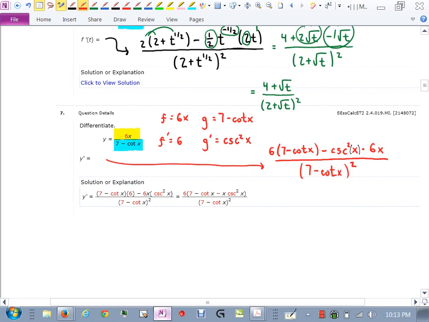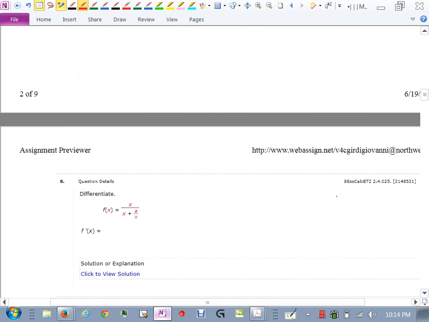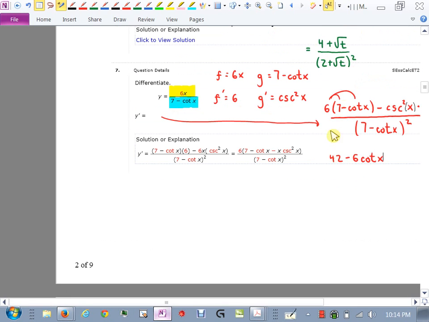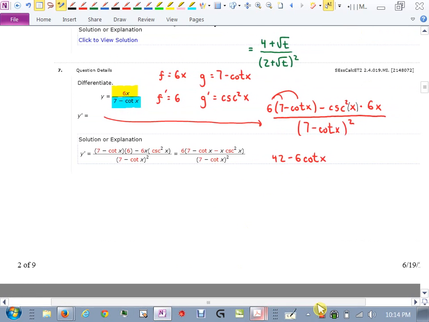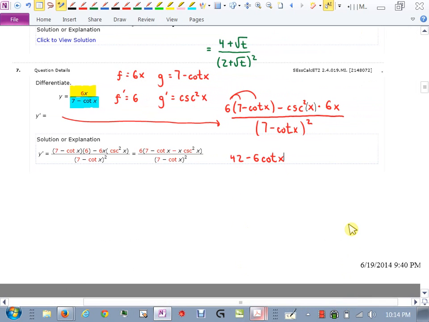And I'll do a little cleanup here. I'll just distribute through here like that. So we've got 42 minus 6 cotangent x. And then here, you can't really do anything to this. So we're just going to have a negative 6.